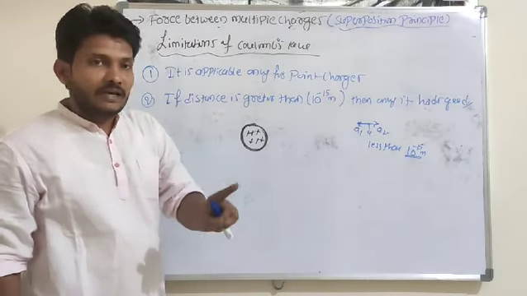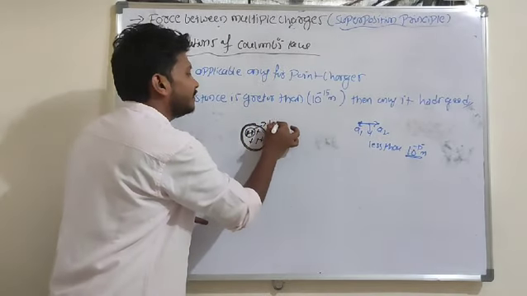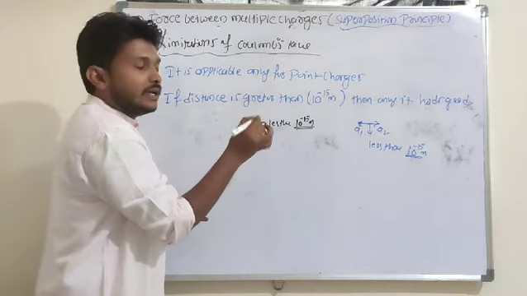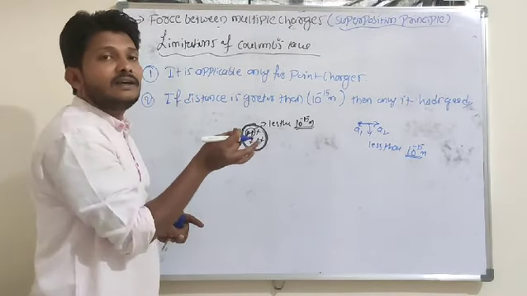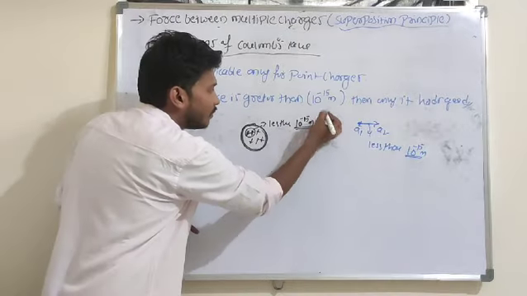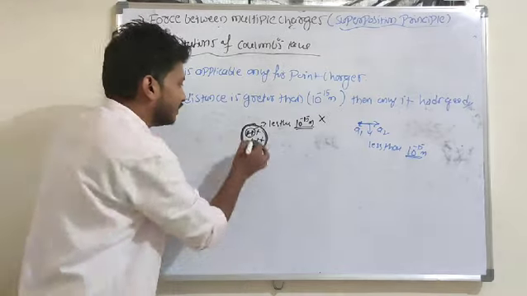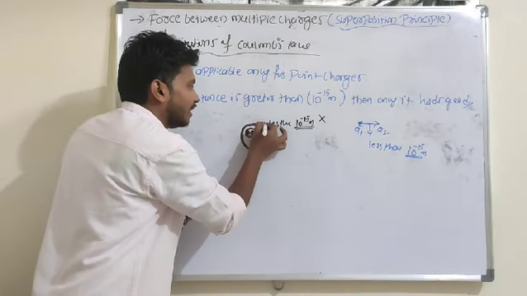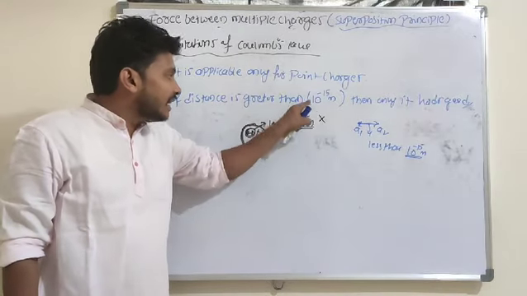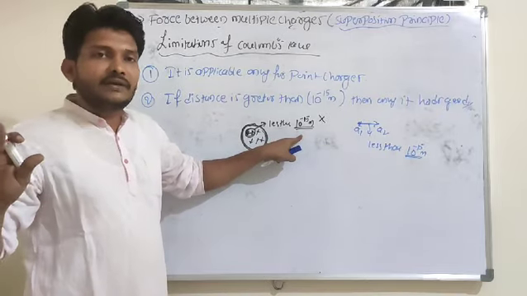So the reason for that is the distance between these charged particles is less than 10 to the power of minus 15 meter here. If the distance between the charged particles is less than 10 to the power of minus 15 meter, Coulomb's law does not hold valid here.